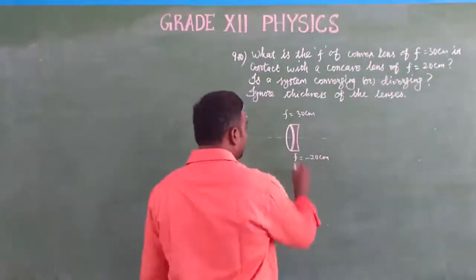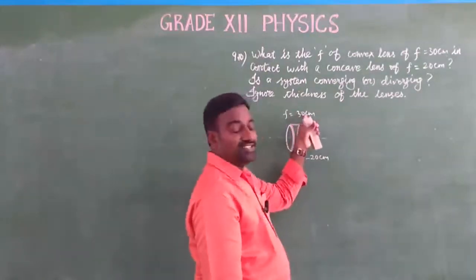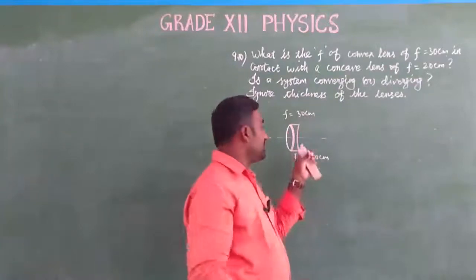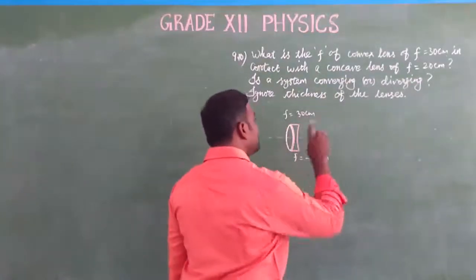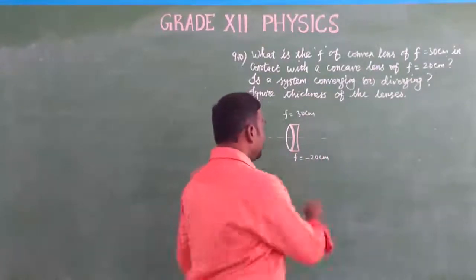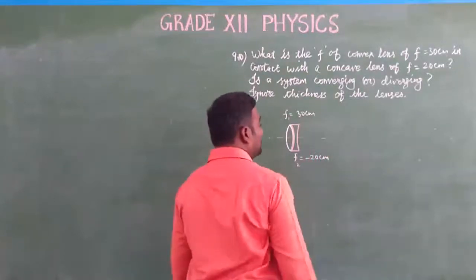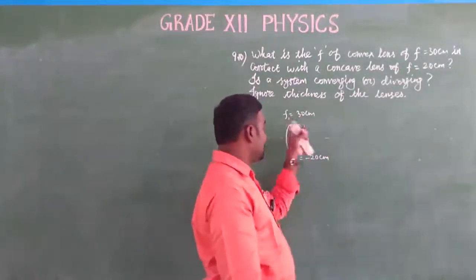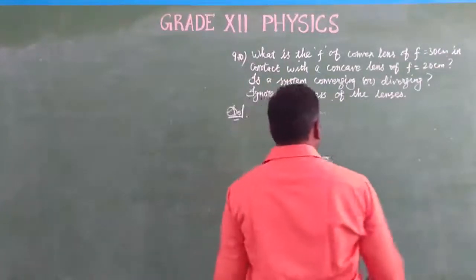Two lenses are given. One is a convex lens having a focal length of 30 centimeter, in contact with a concave lens of focal length 20 centimeter. We are going to find the net focal length, and from it whether the combination of this lens system is converging or diverging. So solve it.